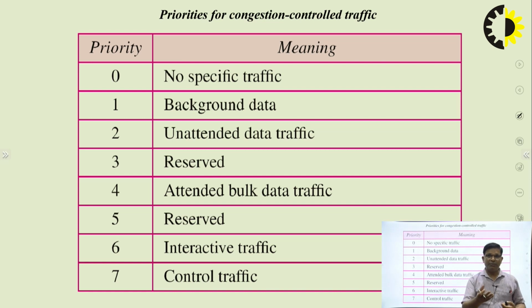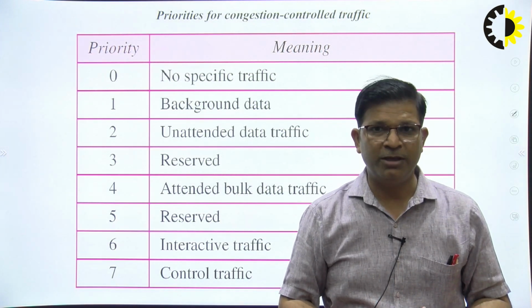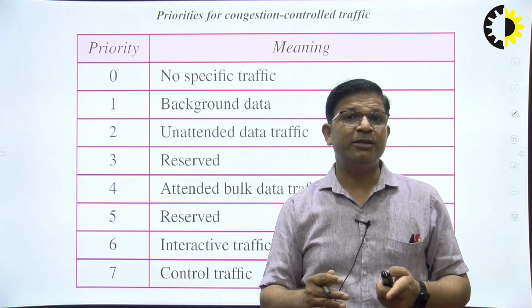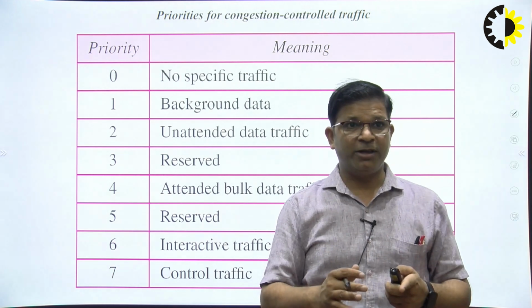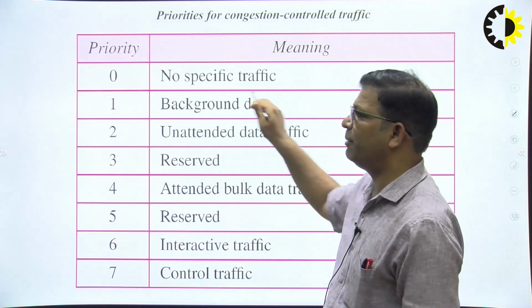My voice is there, but along with it another voice is there, which is not important, and the intensity of that voice is very low. So this background voice can be eliminated during the transmission of the data. It can be removed, but if you remove it, then the data transmission is lossy. So you can deliver the data, but background data is a special case. If you need to deliver the background data also, then this bit should be kept as 1.